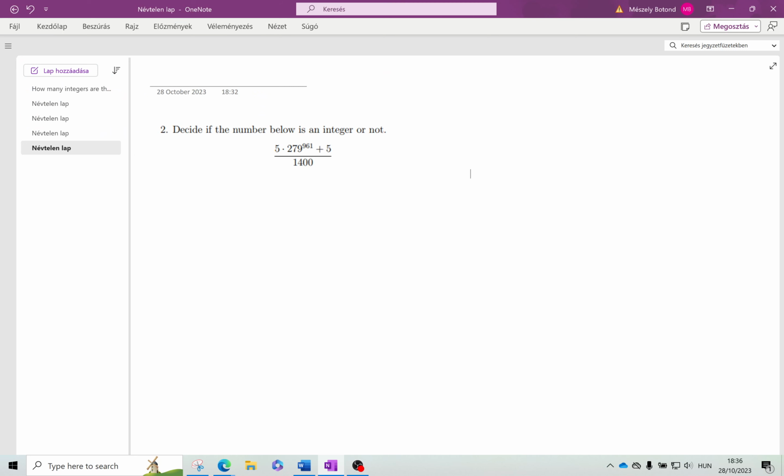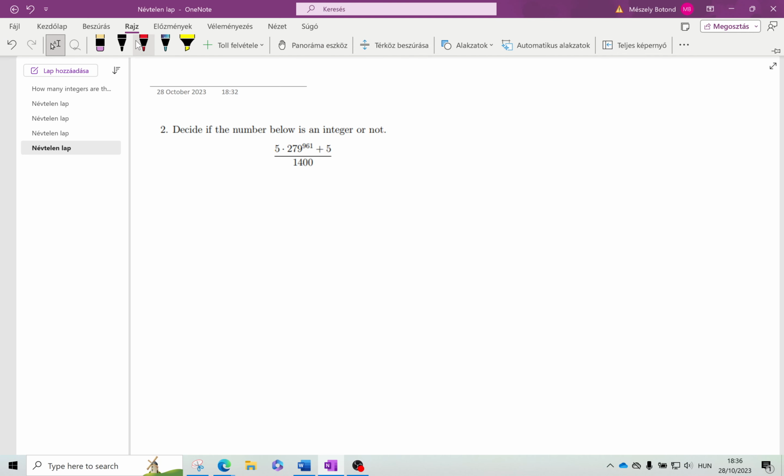So decide if the number below is an integer or not. First, what does this question ask us? Whether or not this number is an integer. How do we decide that?